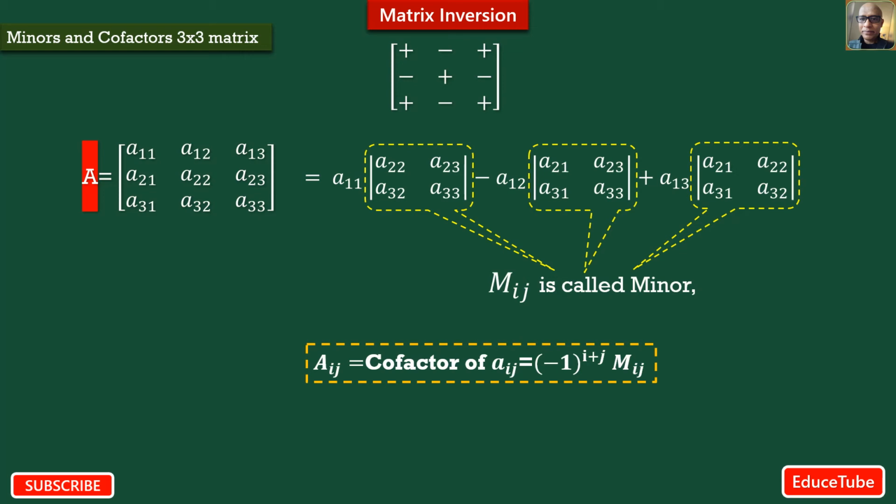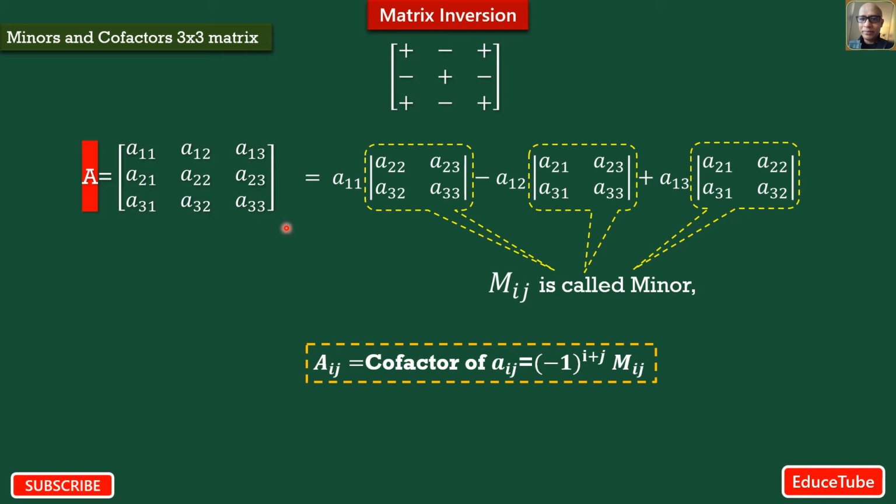Now we will concentrate on how to find the minors and cofactors of a 3 by 3 matrix. This A matrix is a 3 by 3 matrix because it has 3 columns and 3 rows.